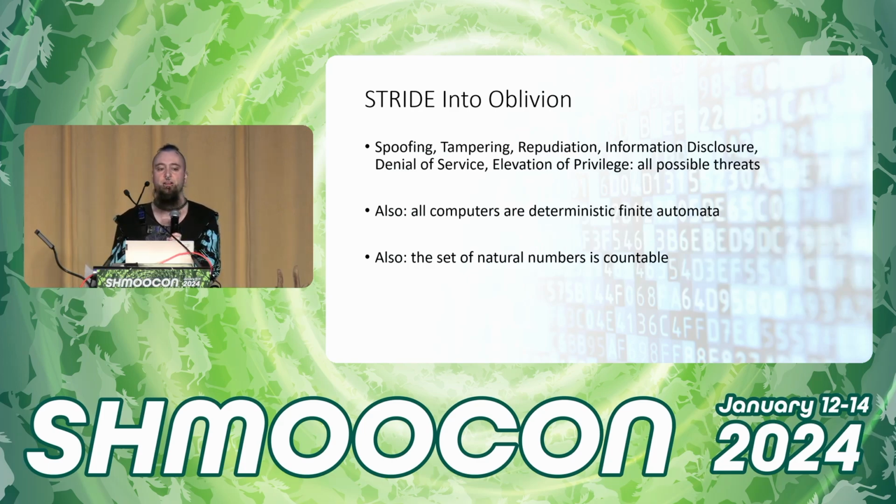Well, okay, here's our HTTPS flow between our web server and our browser. What can be spoofed, what can be tampered with, what can be repudiated, what information leaks out, how can someone DoS it, is there an avenue for EoP? Clearly, that enumerates all possible threats, right? Well, it also turns out that all computers are DFAs and the set of natural numbers is countable. Good job. I mean, technically, you're kind of right, but you'll never get there.